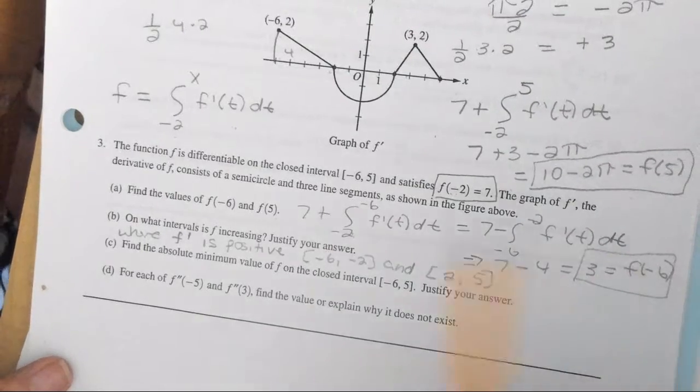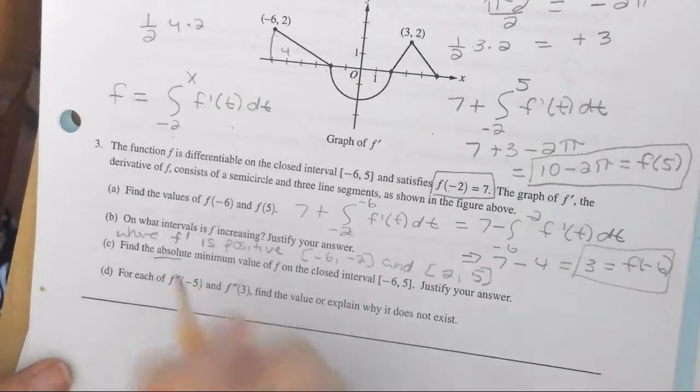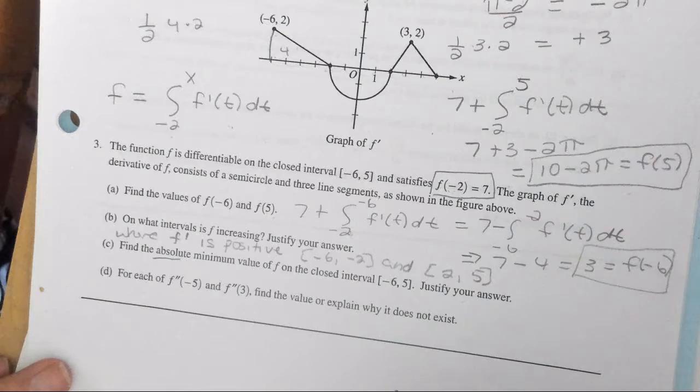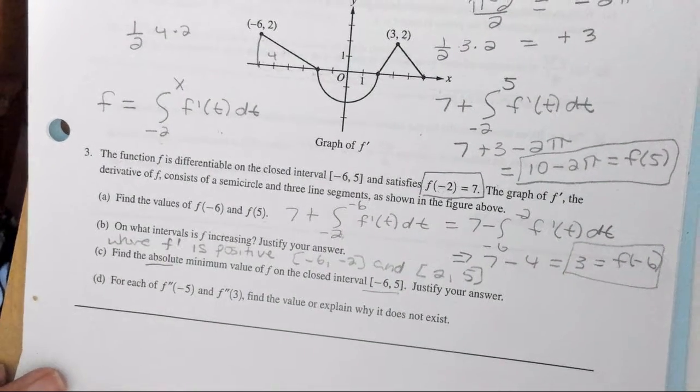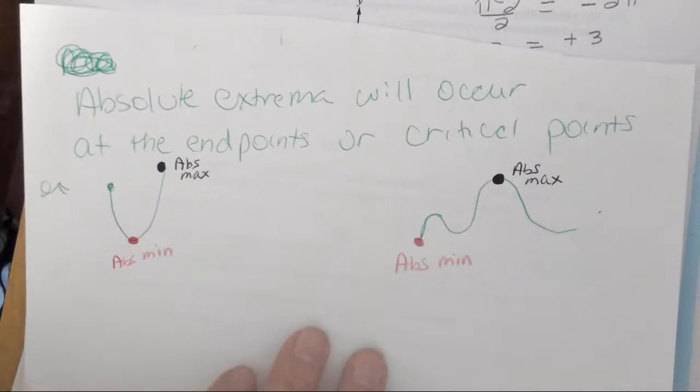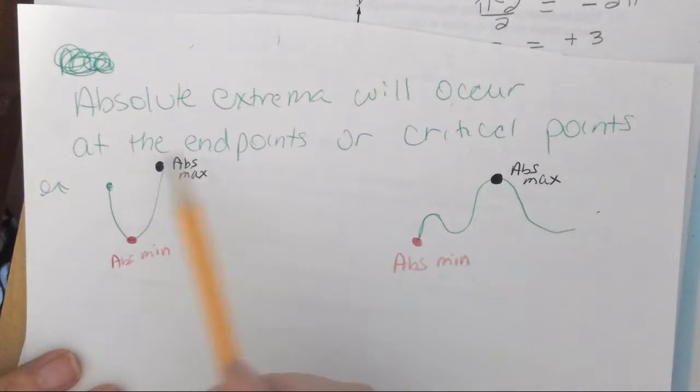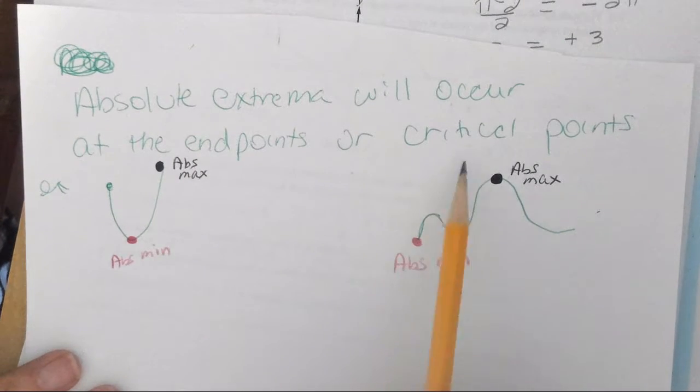Now it says to find the absolute minimum value of f on the closed interval, so this whole interval, and justify our answer. So remember, any absolute extrema will occur at the endpoints or at critical points.